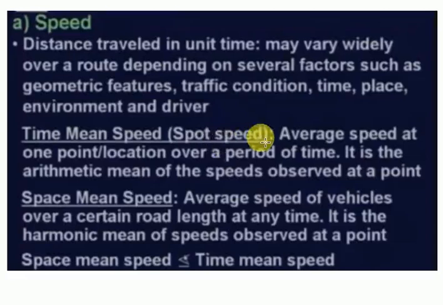Spot speed is the instantaneous speed of a vehicle at a specified cross section or location. That means the spot speed of a vehicle fluctuates from place to place along the route depending on the various factors indicated above.